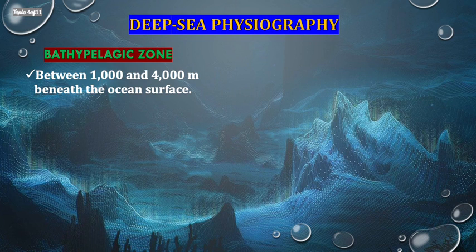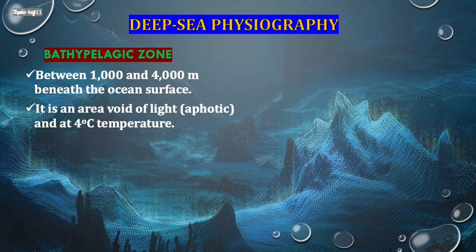All right, so the bathypelagic zone is a deep sea area between 1,000 to 4,000 meters beneath the surface of the ocean. The light here is totally nothing, it is an area void of light. The temperature here falls below 4 degrees Celsius.